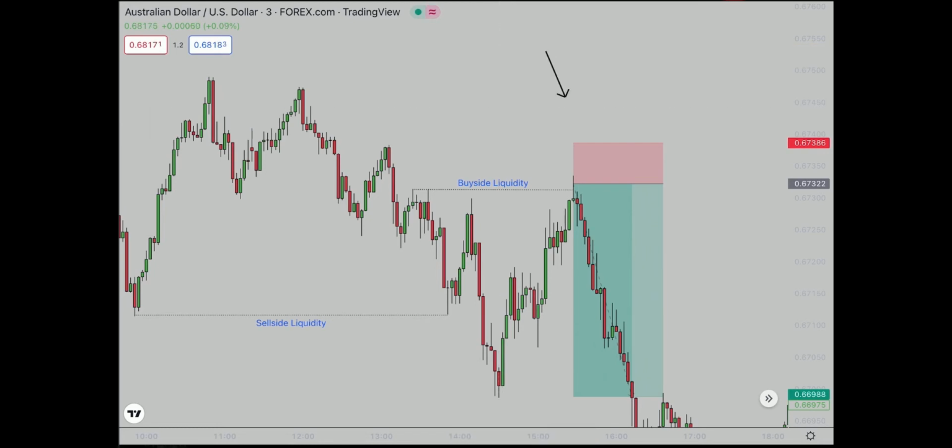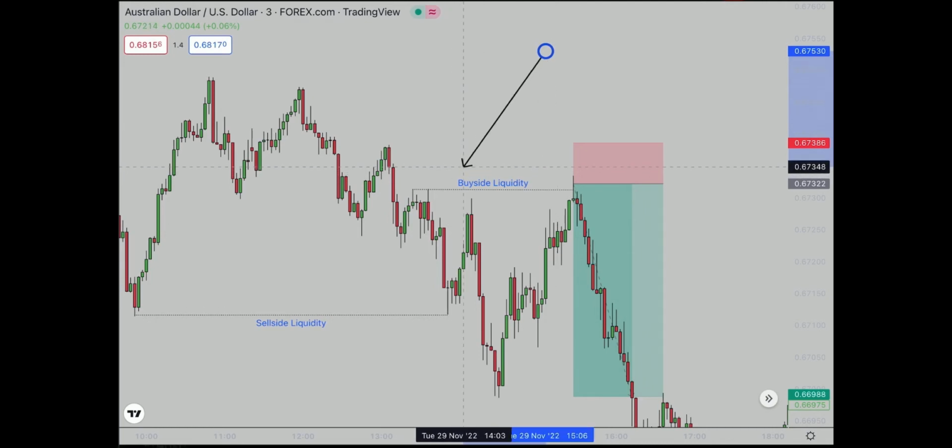Okay, so this pattern forms a lot of times during the day, not once in a week or a month. This pattern forms every time that you see equal highs or equal lows. The moment you see equal highs or equal lows, you will want to treat those levels like a magnet for the market.